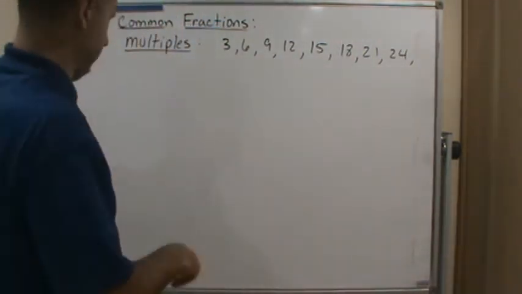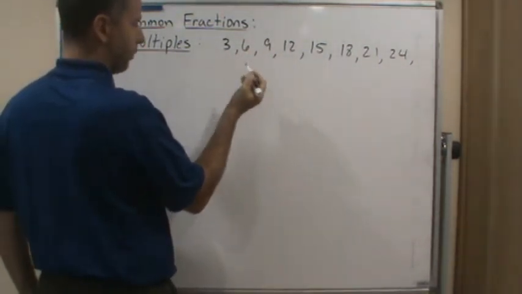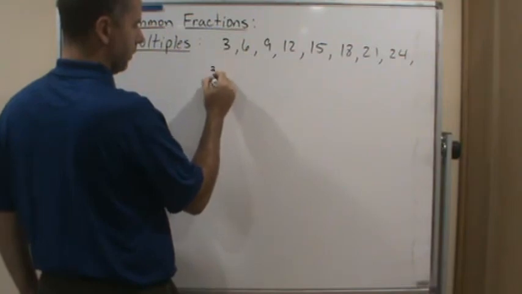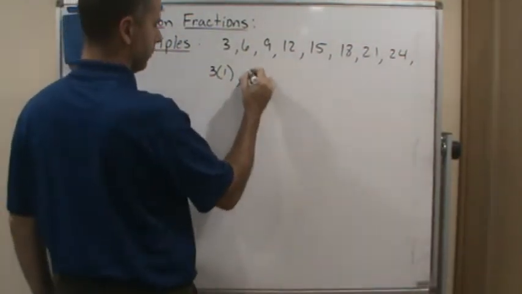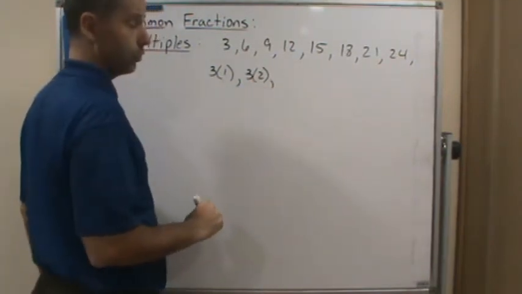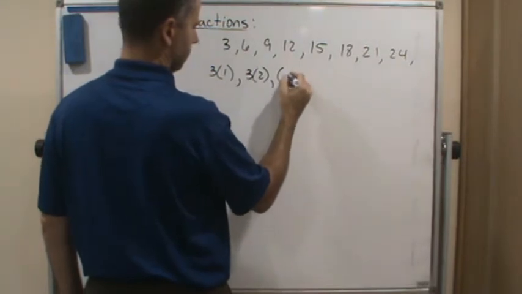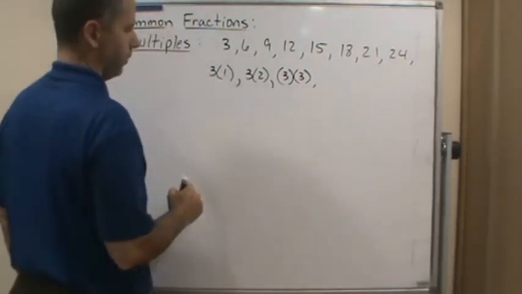What do I mean by that? Well, all of these I can write as a product of two numbers: 1 times 3, 2 times 3, 3 times 3.